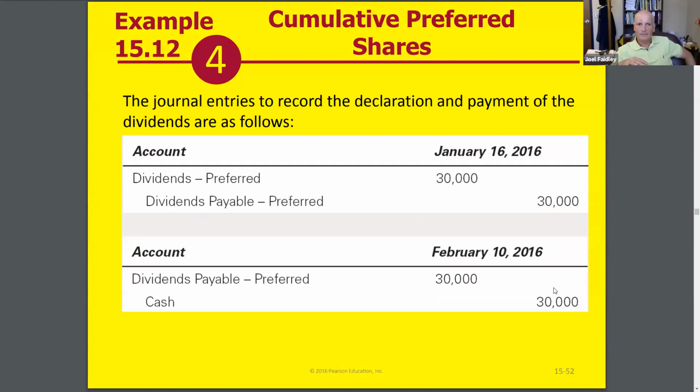In the old days, that debit is actually retained earnings. So dividends preferred is an equity account. Dividends preferred is the same thing as debiting retained earnings. And then the credit is dividends payable. That is a liability, right? But in the old days, you would debit retained earnings, credit dividends payable. And then once those dividends are paid, dividends payable is zeroed out and it comes out of cash.